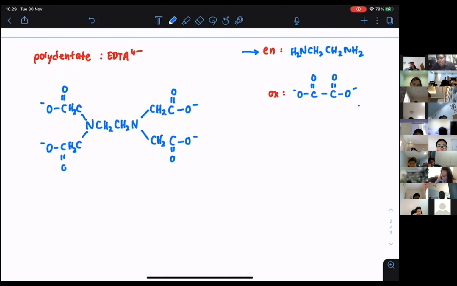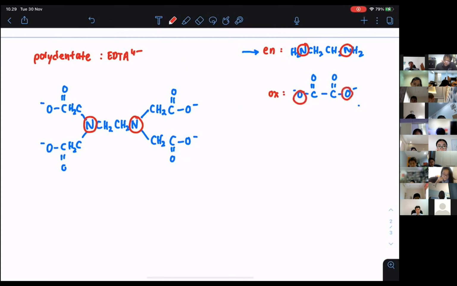Remember there was a past year question that asked you to circle the atoms responsible for the coordinate bonding. If you want to circle that, of course, the nitrogen, similar to what we have circled over here. And for OX, we circle over here.